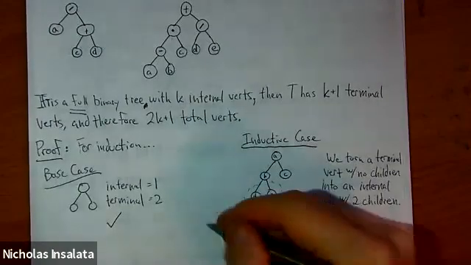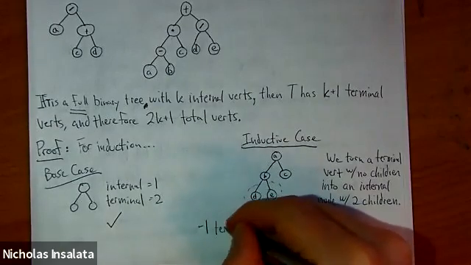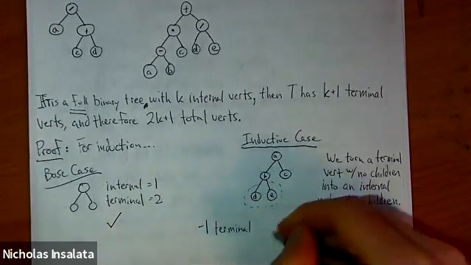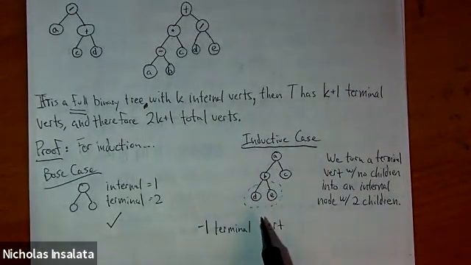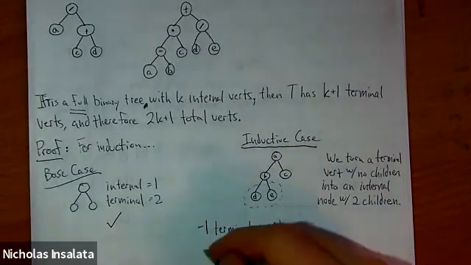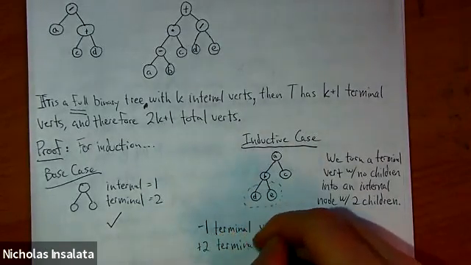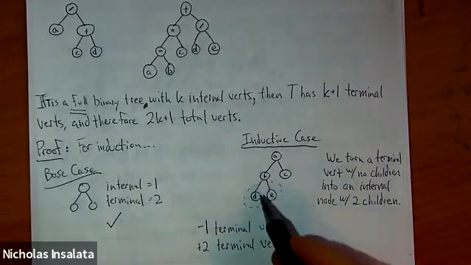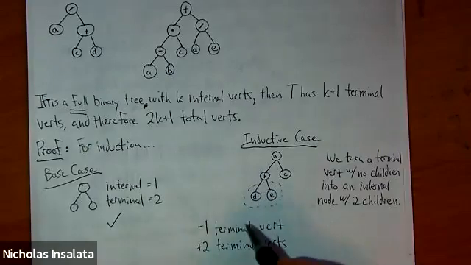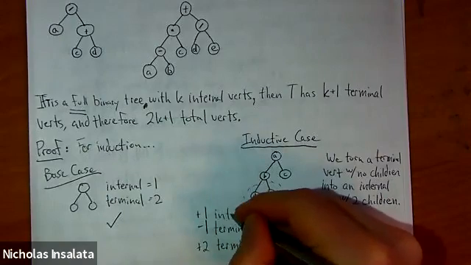So we -1 terminal vertex, +2 terminal vertices because we add D and E, and then add 1 internal node because the terminal vertex that we lost is going to turn into an internal, right?